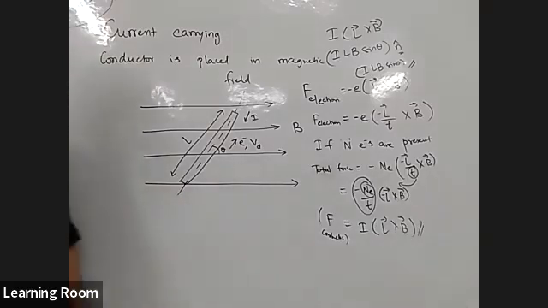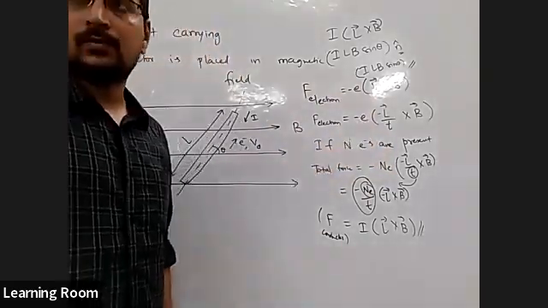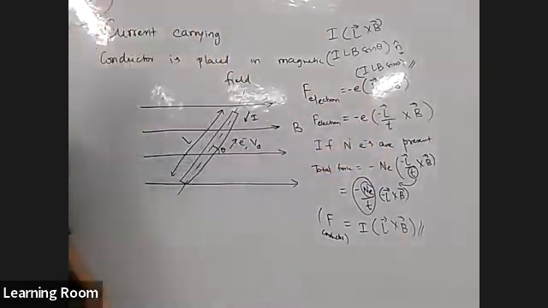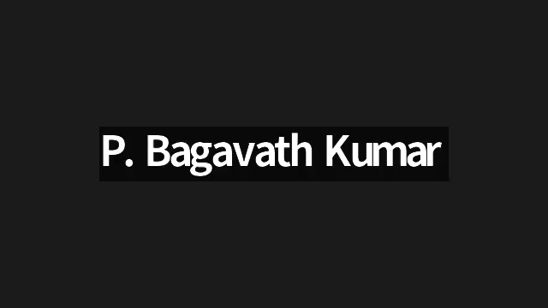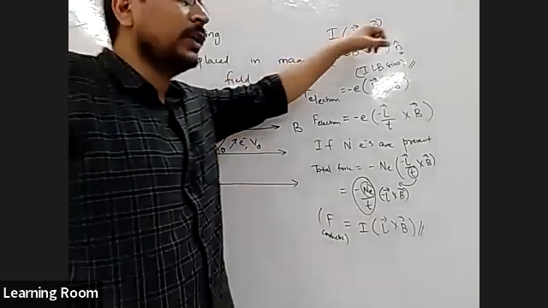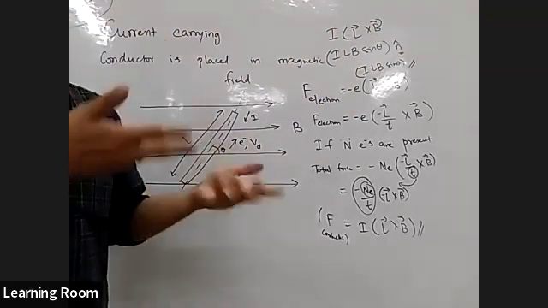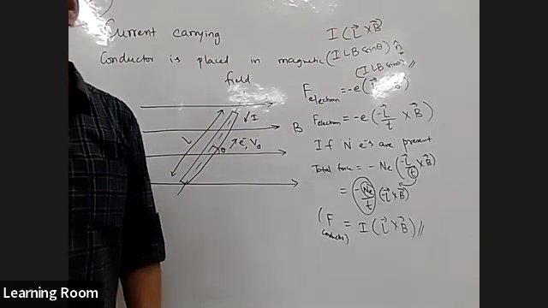For electron you need to take it like that. So when you see this formula I into L vector cross B vector, you can say that L vector is exactly in the direction of current itself. That's it.